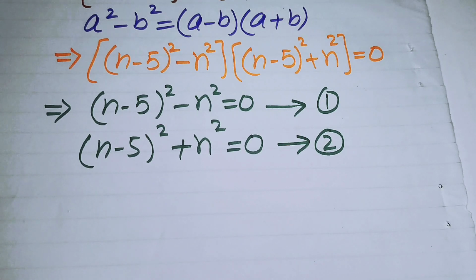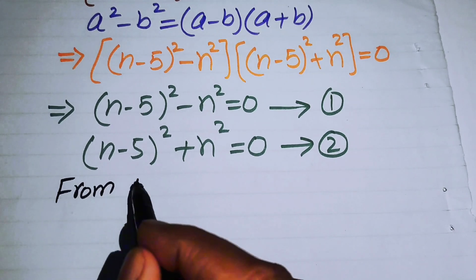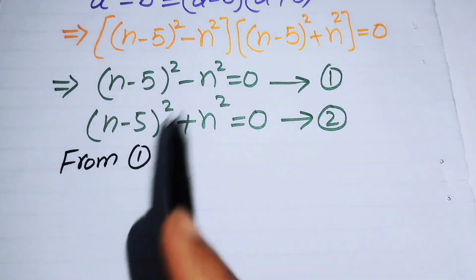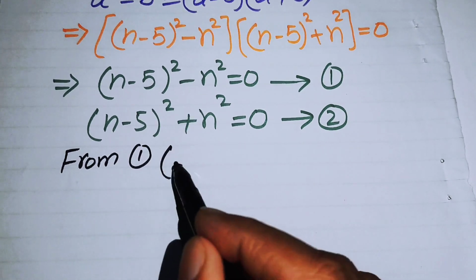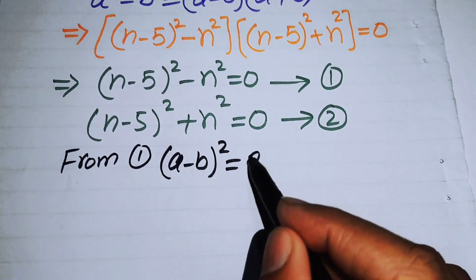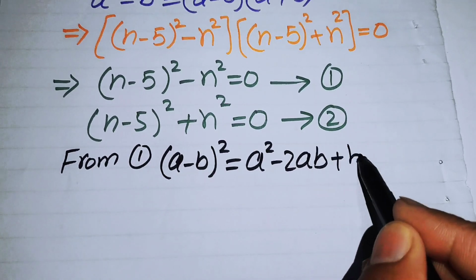So first we solve equation number 1. In equation number 1, first we open the square of this term, and here we use this nice formula, which is (a minus b) whole square equals a square minus 2ab plus b square.